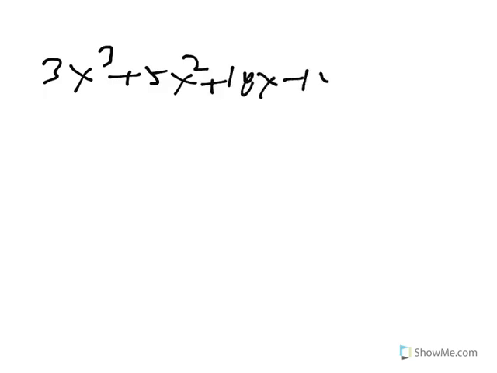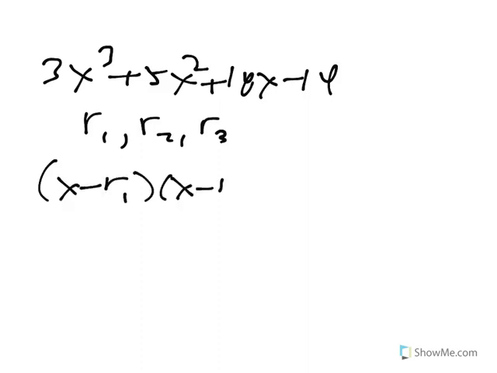Now for cubics, imagine I have 3x to the third plus 5x squared plus 18x minus 14. This thing has 3 roots. And you could derive the formulas in a similar way.